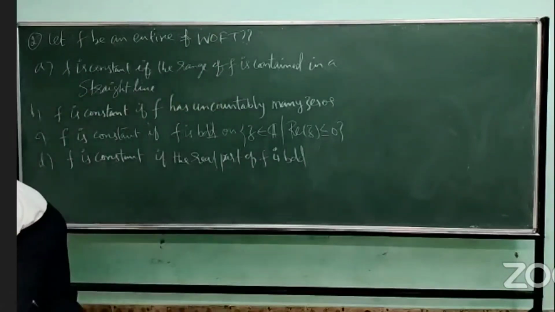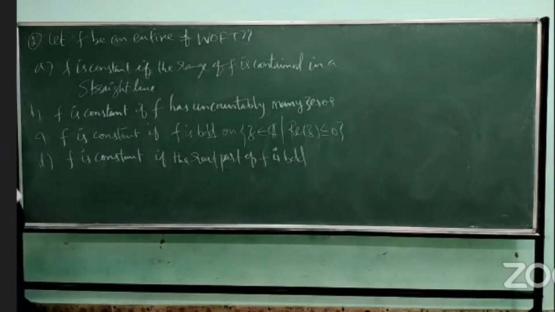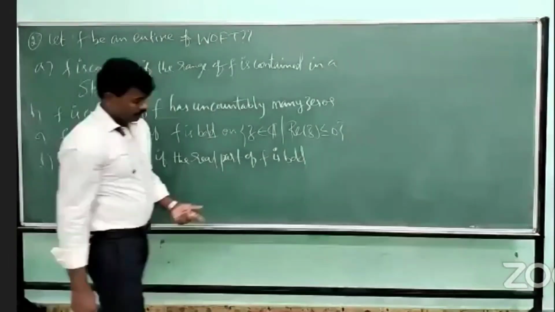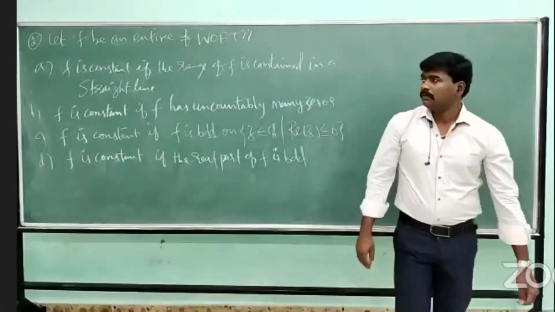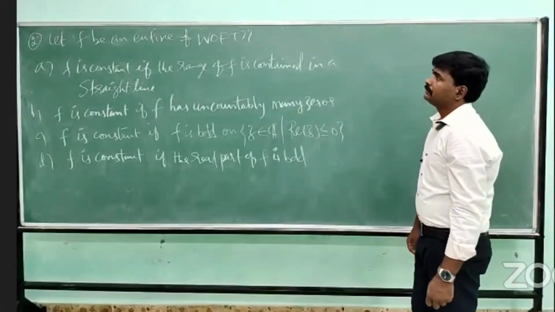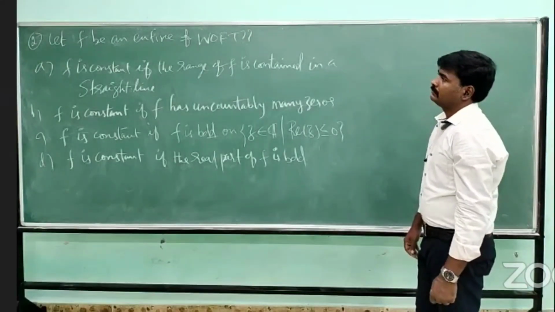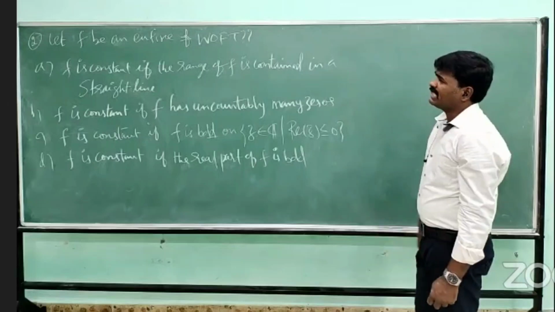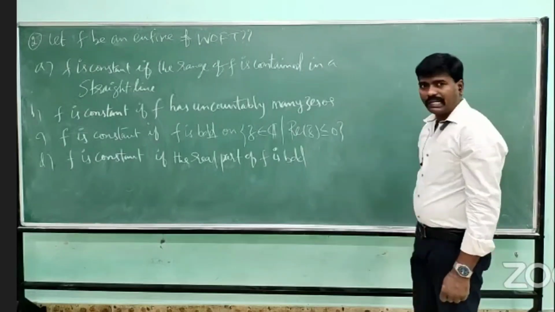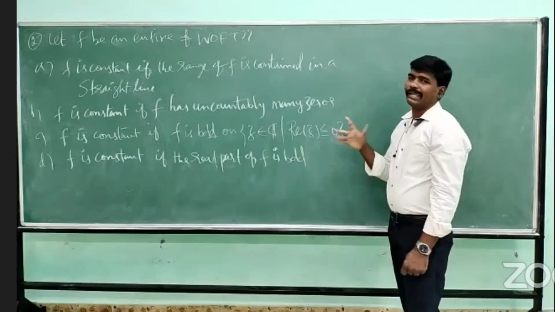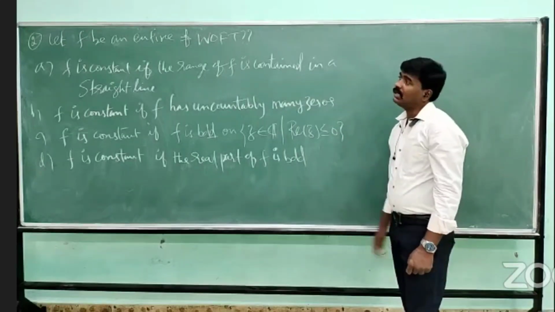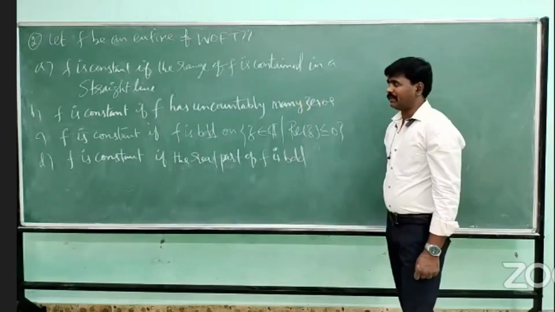This is the question. Please read the question. What is given? Again, they are giving just an entire function. We know entire means f is analytic everywhere in the complex plane. They have given a random entire function.